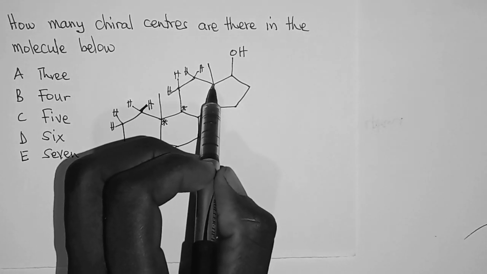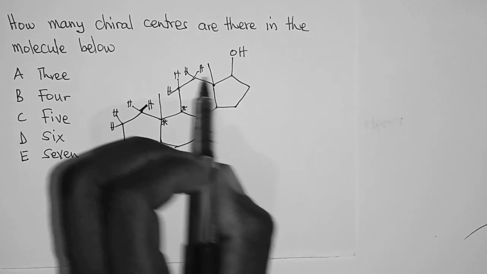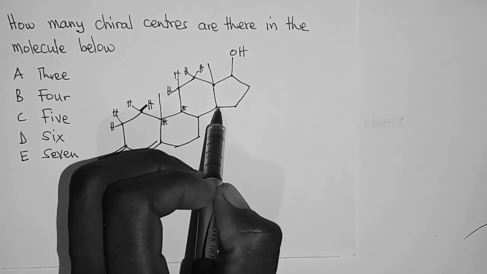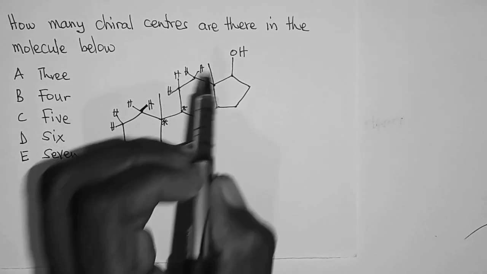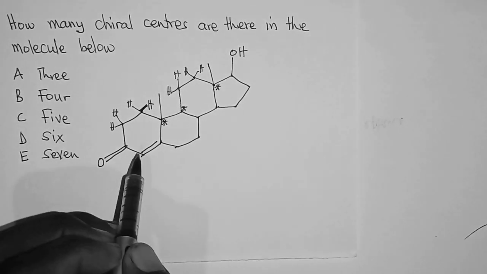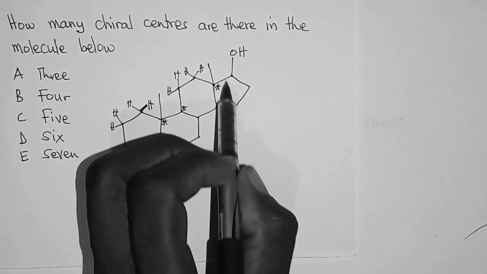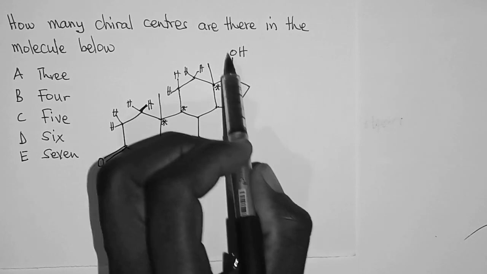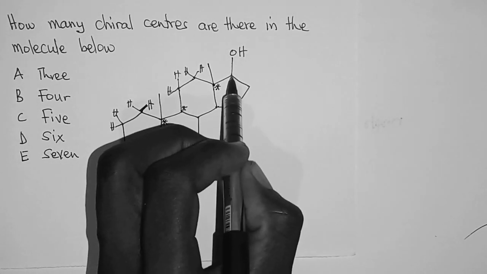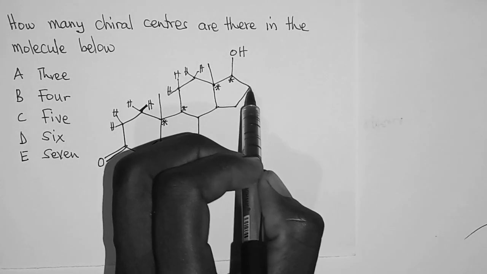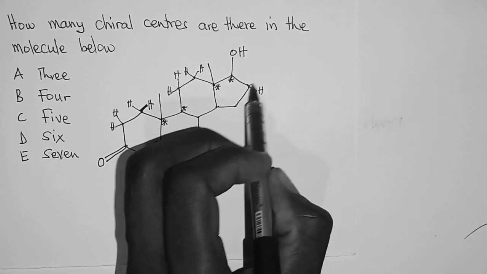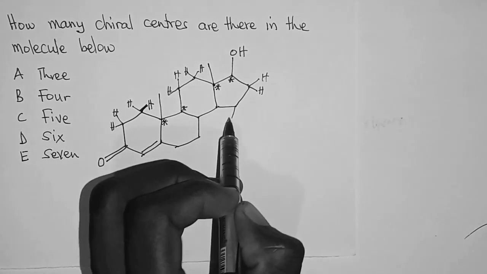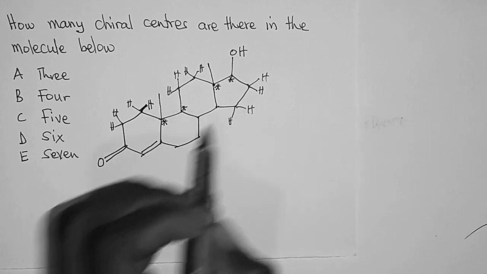If we take this carbon, it is different from this one, which is different from this one. And therefore, this one is also a chiral center. If you take this carbon, it is different from this one, which is also different from the OH. And this one is also a chiral center. This one has two protons, it is not a chiral center. This one also has two protons, it is not a chiral center.